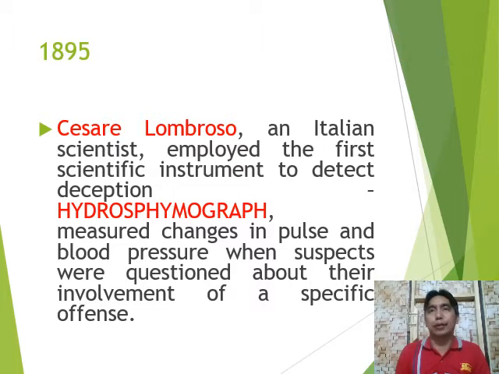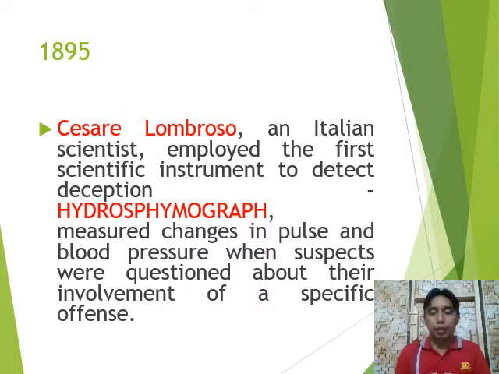Of course, the earlier methods of detecting deception were also connected to science, but in the 19th century there were already scientists, when our technology was more advanced. There were already inventors, scientists, and philosophers doing their best to come out with much improved and better tools to determine if somebody is lying or not.